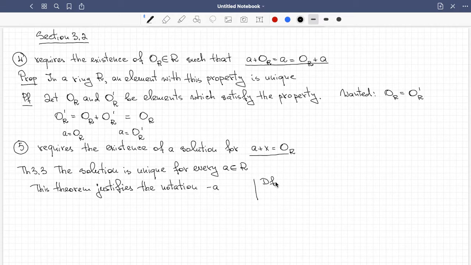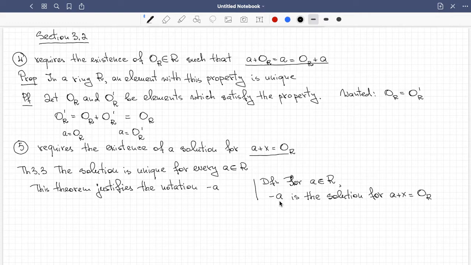Now we say, definition: for an element A of a ring, negative A is the solution for A plus x equals 0 in the ring.